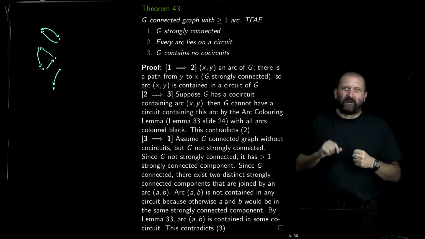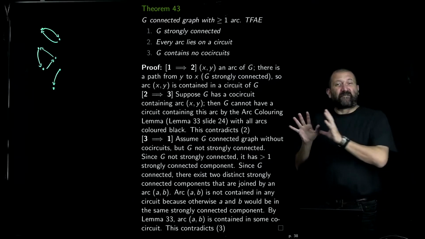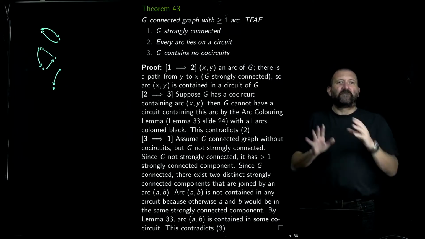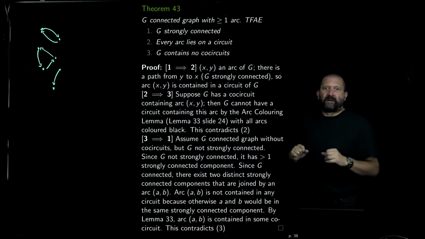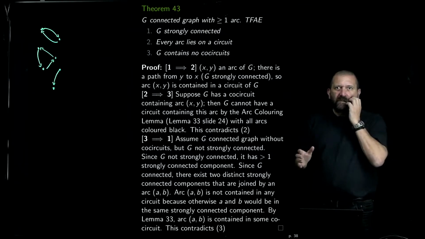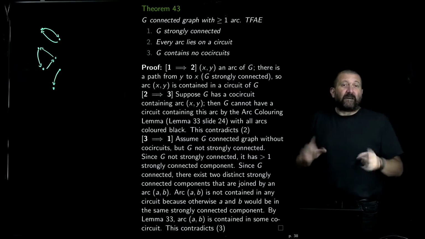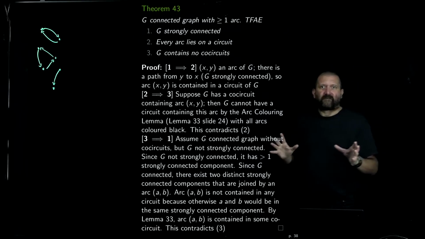So I want to show that if I have a connected graph and it is strongly connected, then every arc lies on a circuit. This is 1 implies 2. Let me suppose I have an arc XY in G. My assumption is 1 is true, so G is strongly connected.